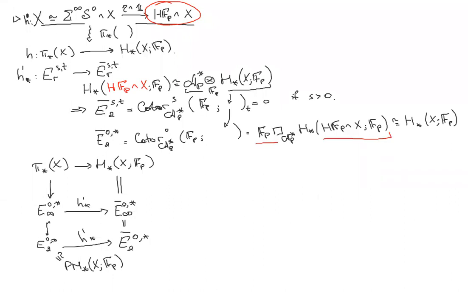So the E2 0 something is just FP cotensored over AP star with homology of X. And this is already primitive elements.